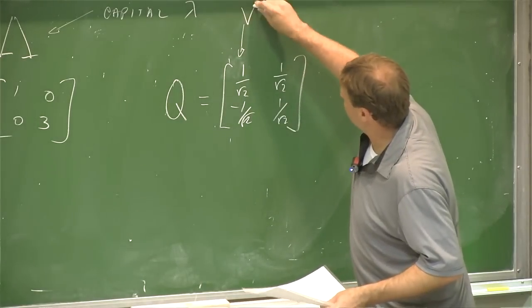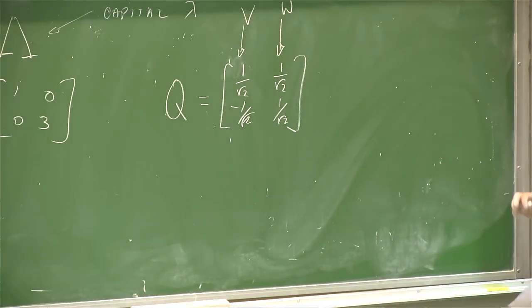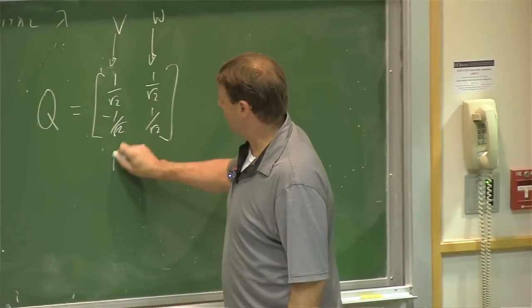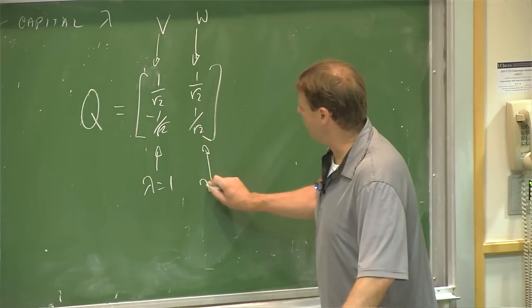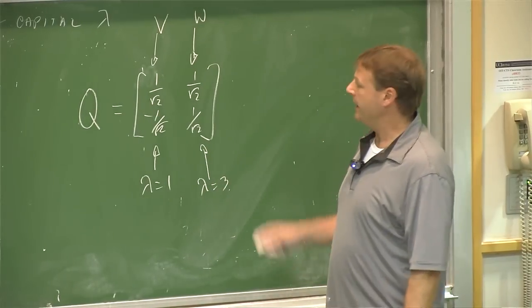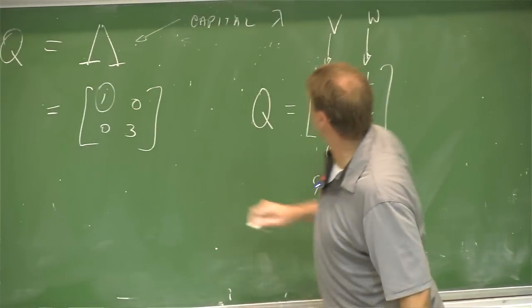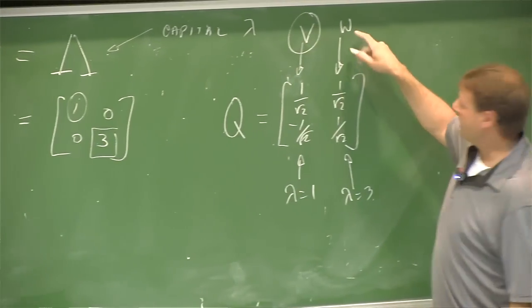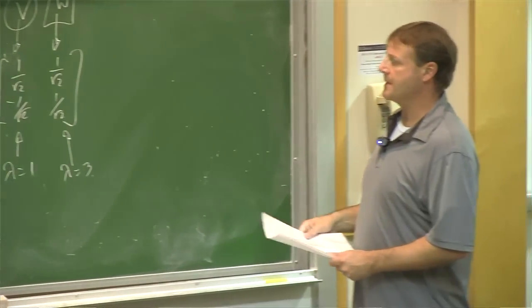This is the one from V, and this is the one from W. So what was the eigenvalue that went with V? That should be lambda equals 1, and this one was lambda equals 3. And so if you have V first, then lambda is first.